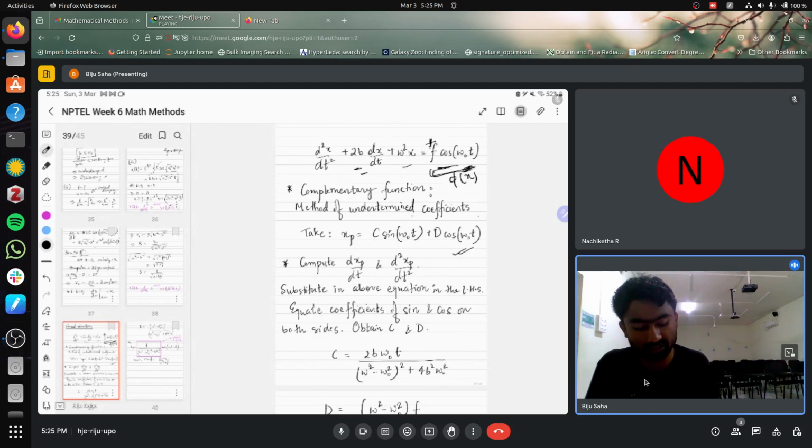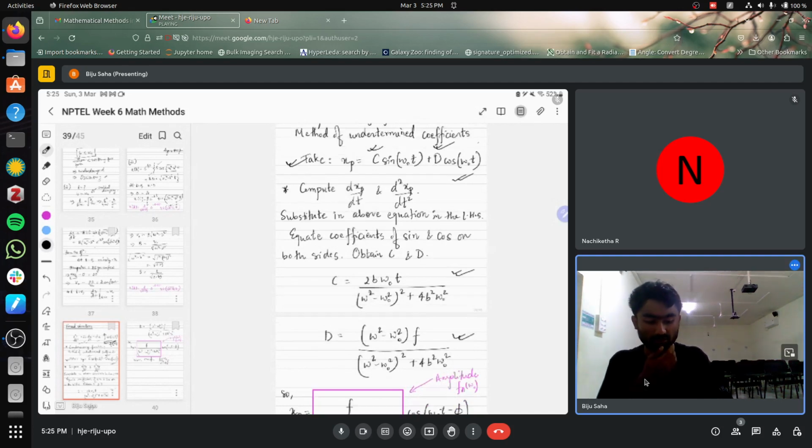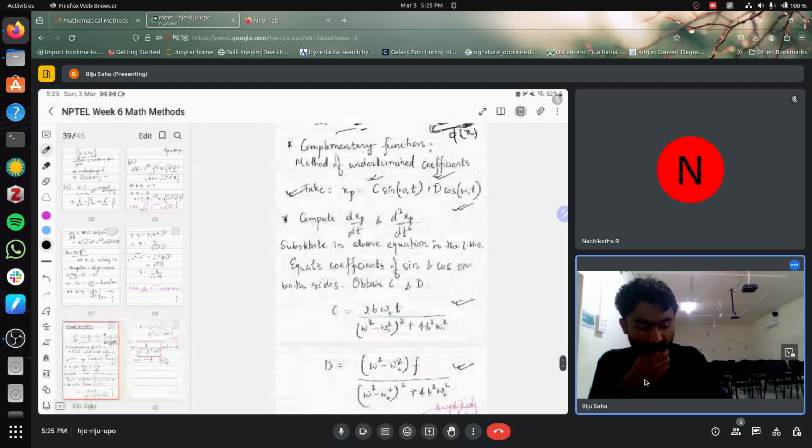Given this equation, let's take the particular solution to have this form. When we assume that this is my solution of the inhomogeneous differential equation and put the first order and the second order derivative on the left hand side as well as the right hand side, we arrive at some condition on c and d, the arbitrary constants that appeared here. They are no longer constant, they are functions of t. So this is what we obtained, c and d.